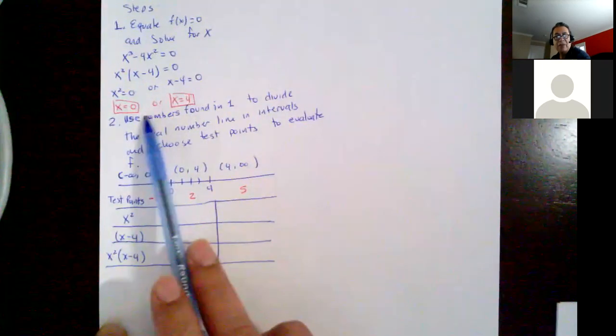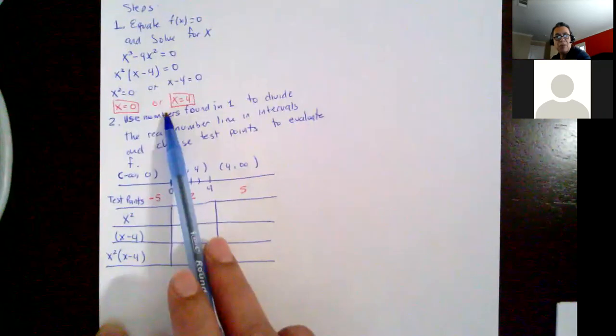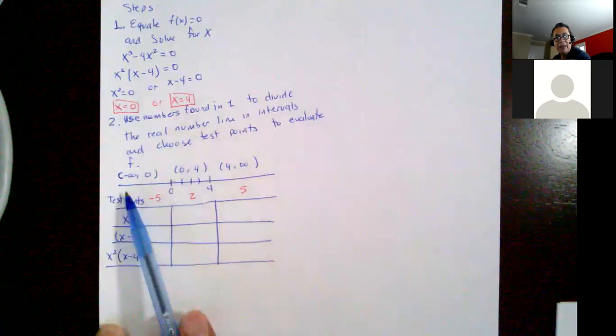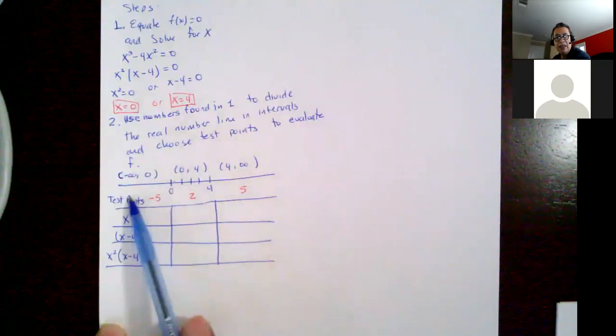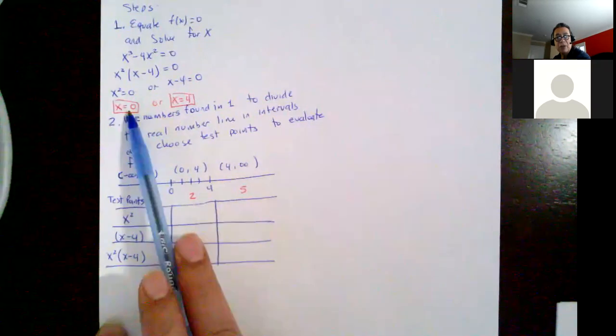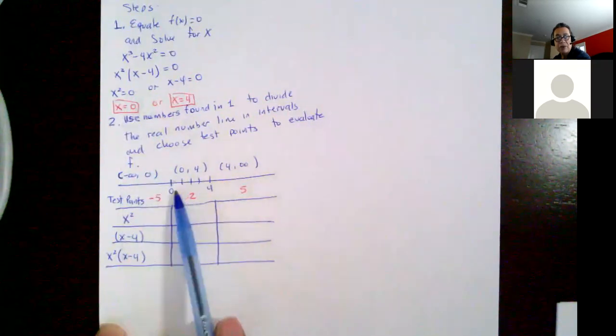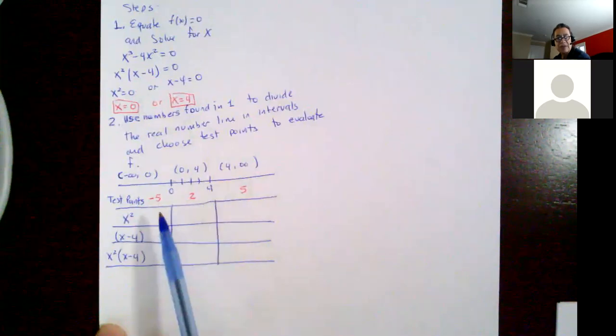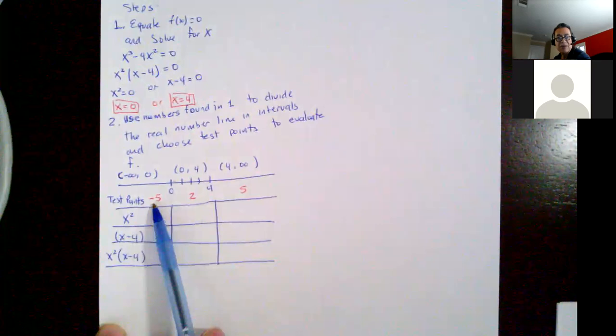Remember what we did before. We found the x values, and then we created a number line using these two values, 0 and 4. Remember the steps: we choose test points, easy test points to plug in.